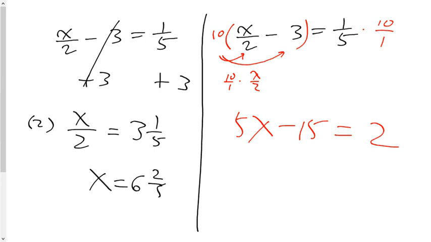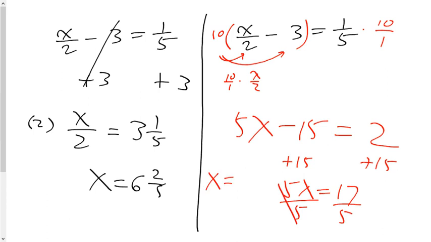Once we get it down to this, we have a grade 7 question. Add 15 to both sides, and 5x will equal 17. Divide both sides by the coefficient. And guess what? X equals, uh-oh, I made a mistake somewhere. Where did I make my mistake?